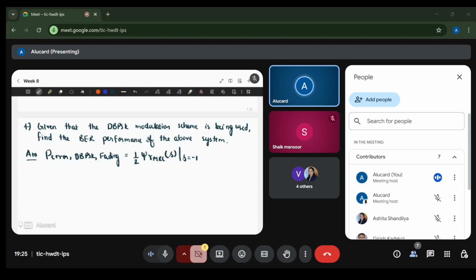I think there is a derivation in lecture 35 or something. You should go and check in lecture 35.